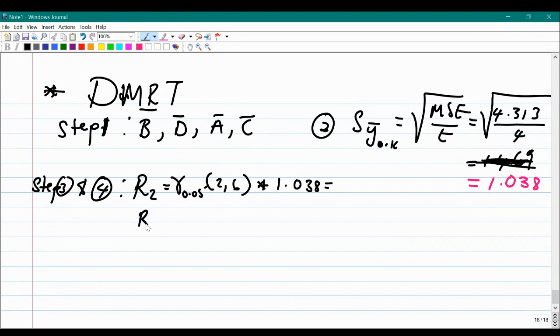What is the value of R3? Can someone help us with the values from the Duncan's table?